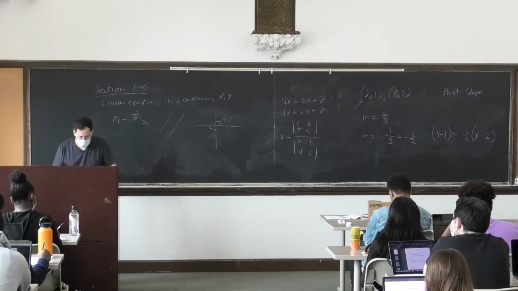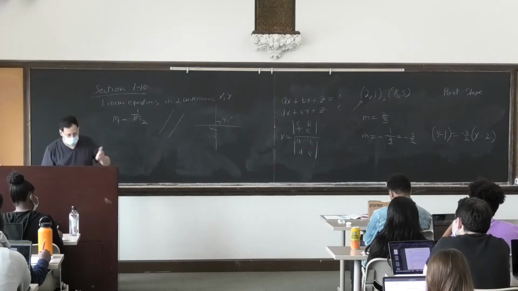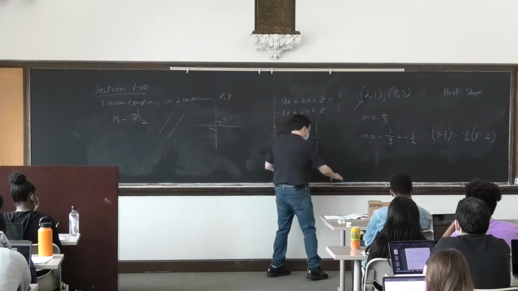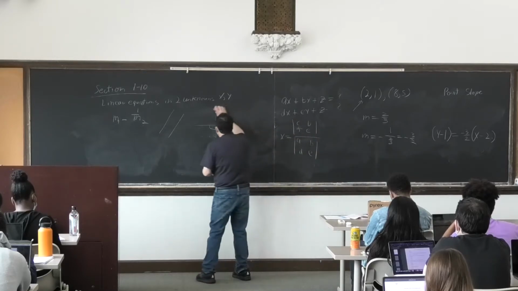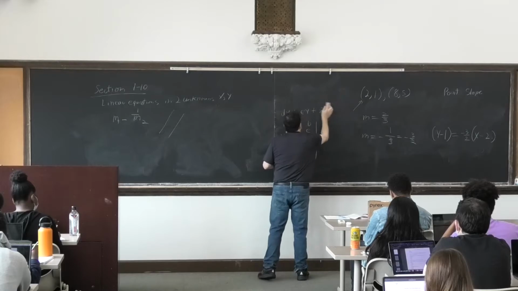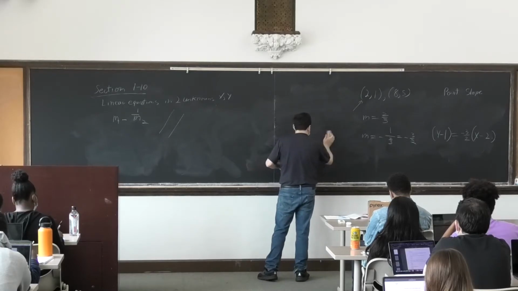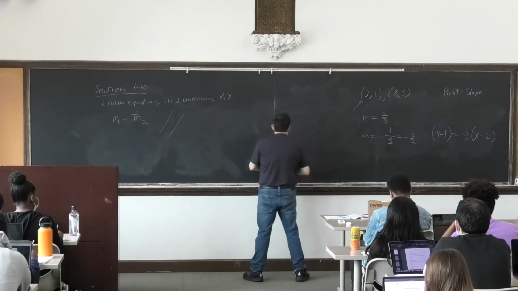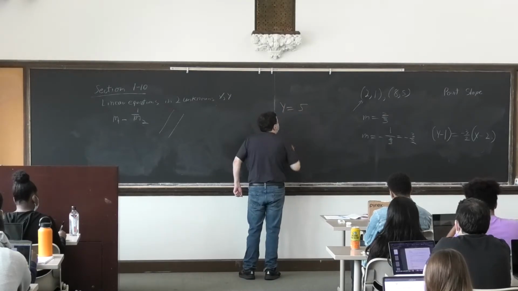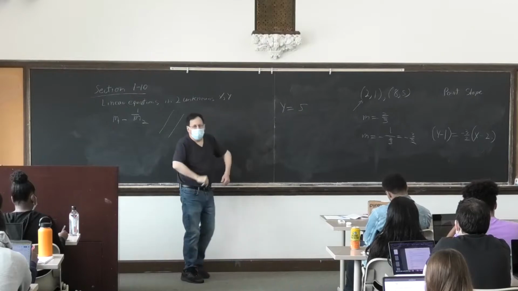Okay, I think that's everything you ever want to know about lines. Oh, well, I guess there's one more detail, having to do with perpendicular lines. I had y equals 5. So what's the slope of that line?